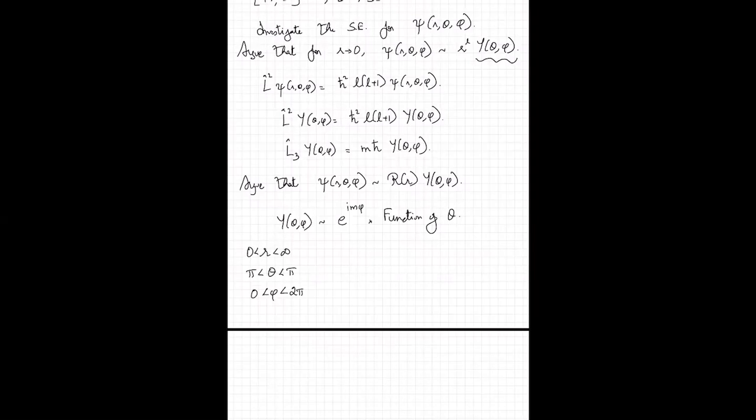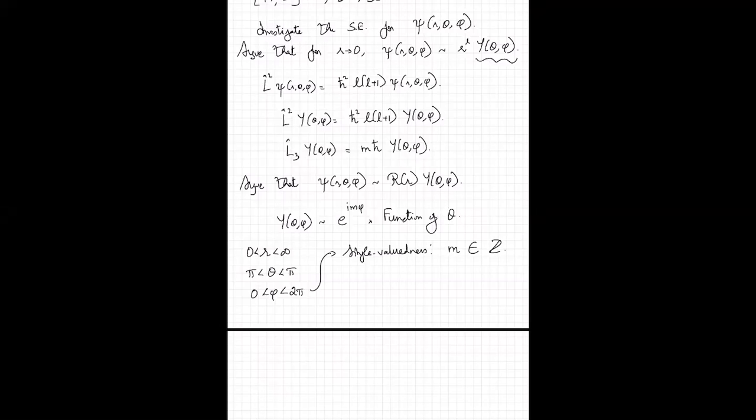After one complete 2 pi rotation, we have to get back to the exact same point, which restricts m to belong to the set of integers. So this is all the information we extracted out of Y, the angular part.